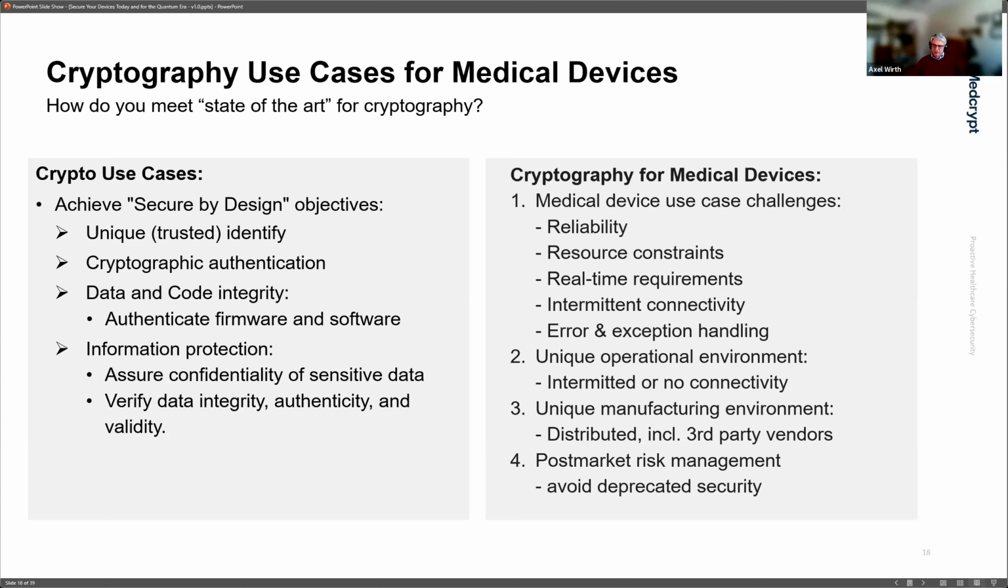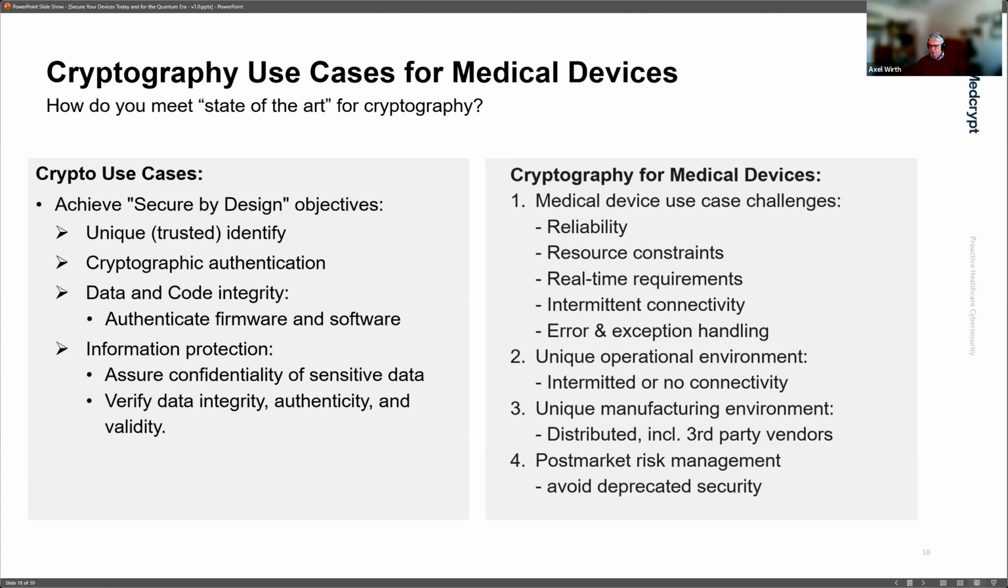Also, what is unique to the medical device manufacturing industry is that you have a complex production environment, but it is many times very distributed, includes many third-party vendors that produce components or complete devices for you. And then if you include cryptography in the process, the question becomes, for example, who provisions the keys, who has access to the keys?